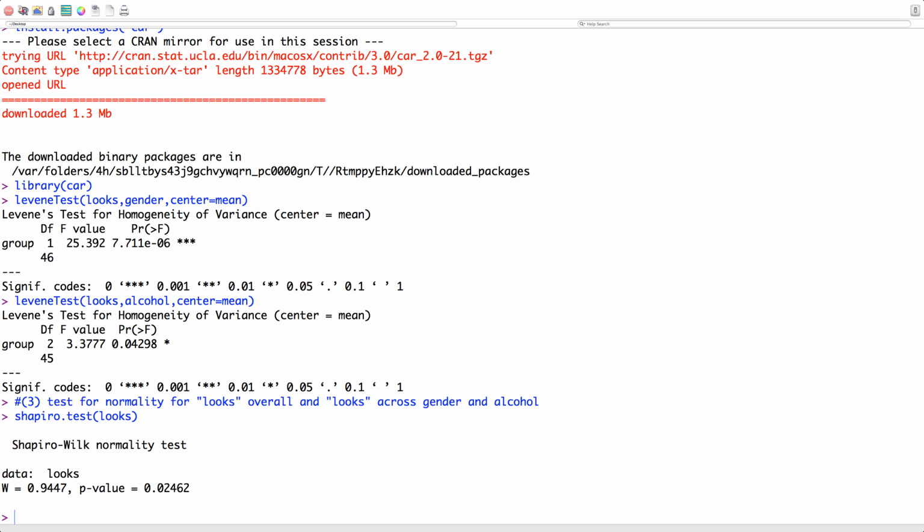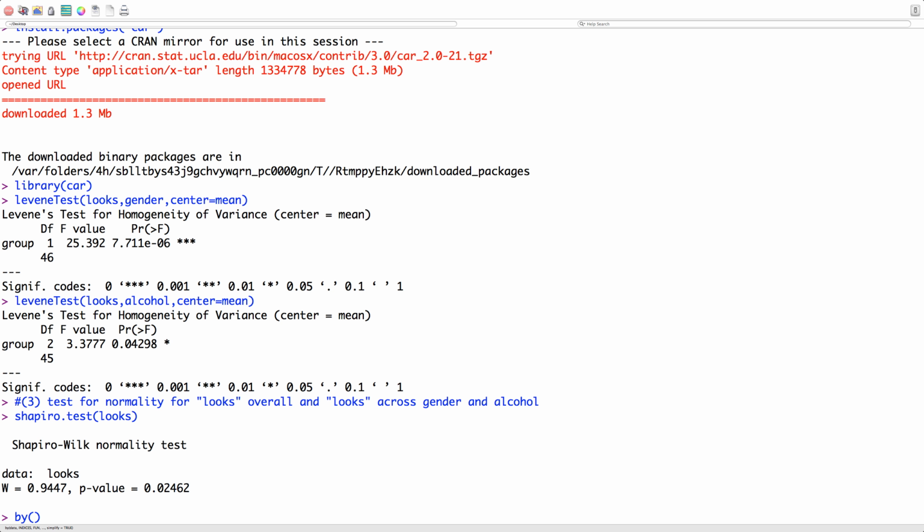And, okay, I have to admit, I'm really surprised at that. Because the null hypothesis here would be that it appears to come from a normal distribution. And we've violated that. Okay. Well, next thing I'd want to do is run the by. I'd want to look at the Shapiro test for looks across gender and across alcohol.